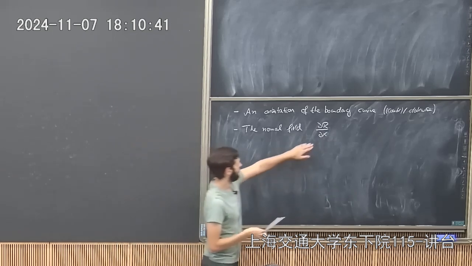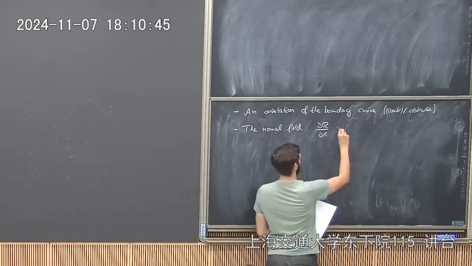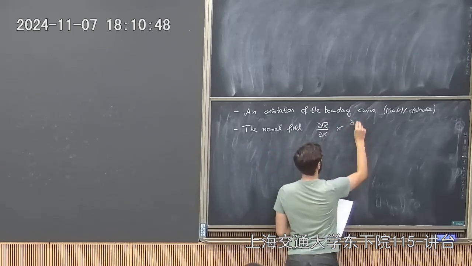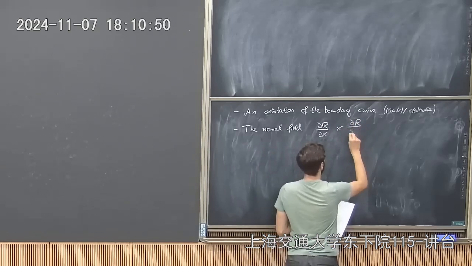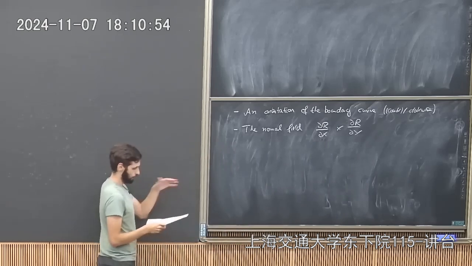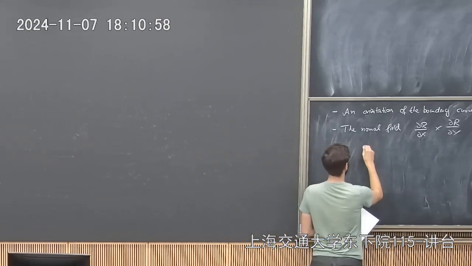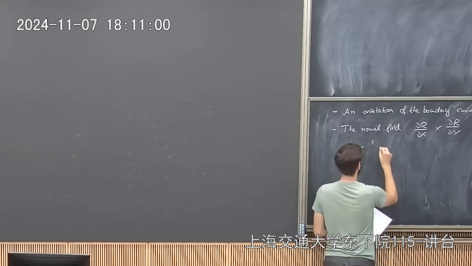We can take the derivative in the x direction to get for each point a vector, and then we take the cross product with the same vector in the y direction. So that's a normal vector field, and you can think of that as giving you some orientation, like pointing outwards.